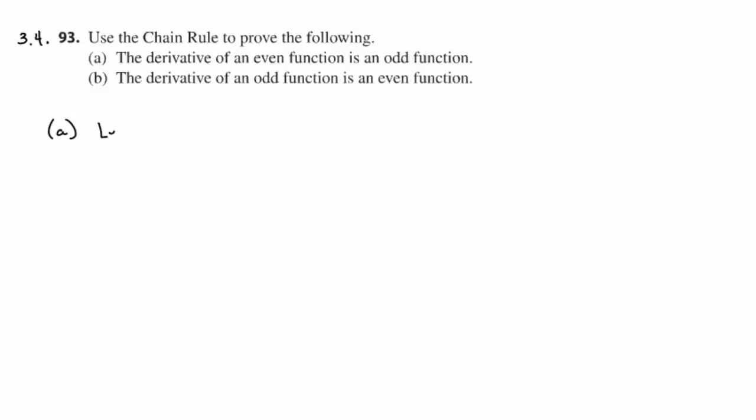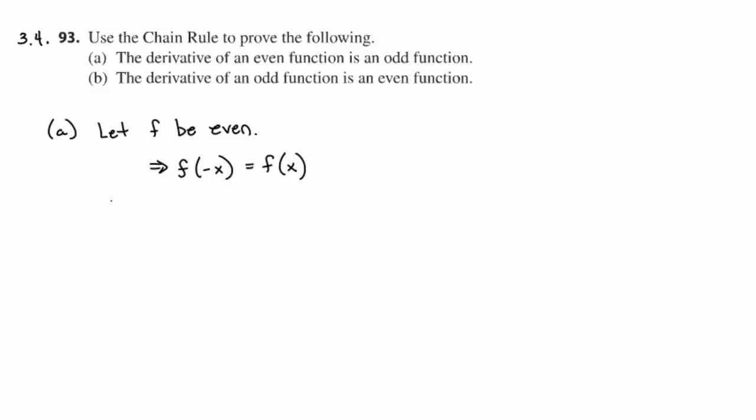We're going to go ahead and start, be pretty rigorous here. We're going to let f be even, which therefore, by definition, implies that f of negative x is the same thing as f of x.